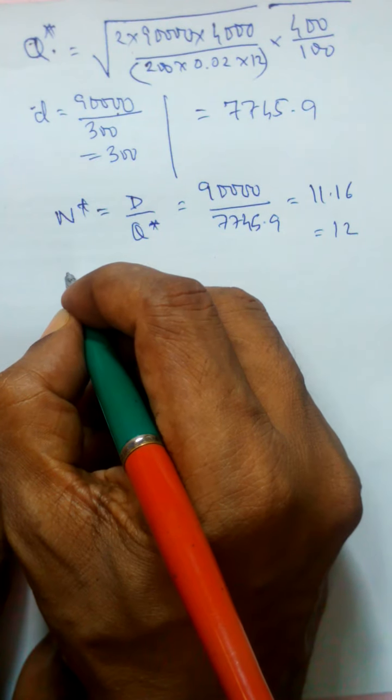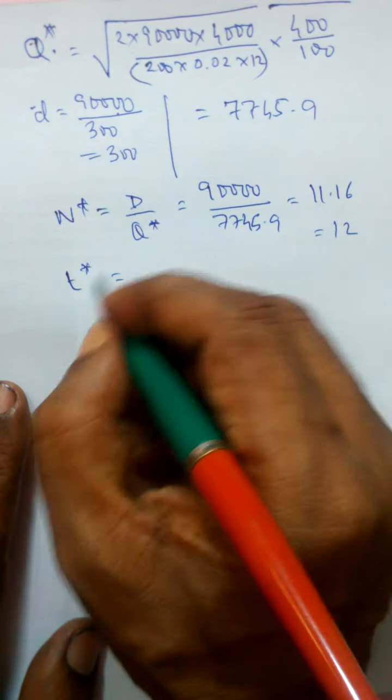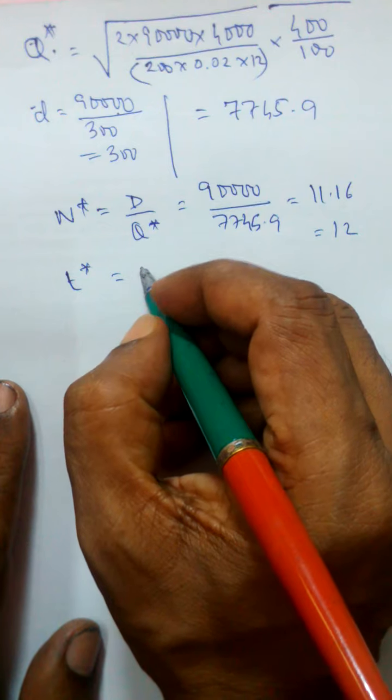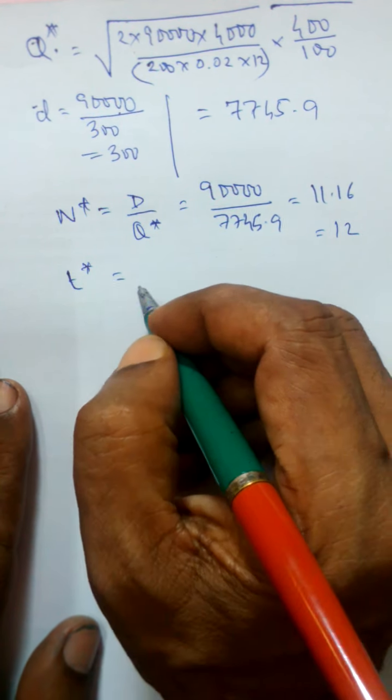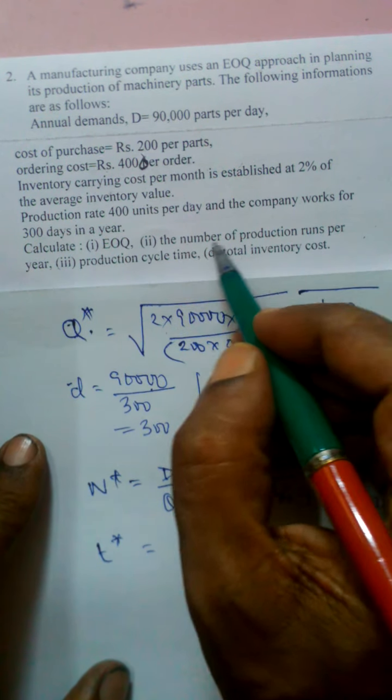The next one is your T star, that is production time. If it is said order cycle or production cycle, you read the question carefully, because sometimes you get confused.